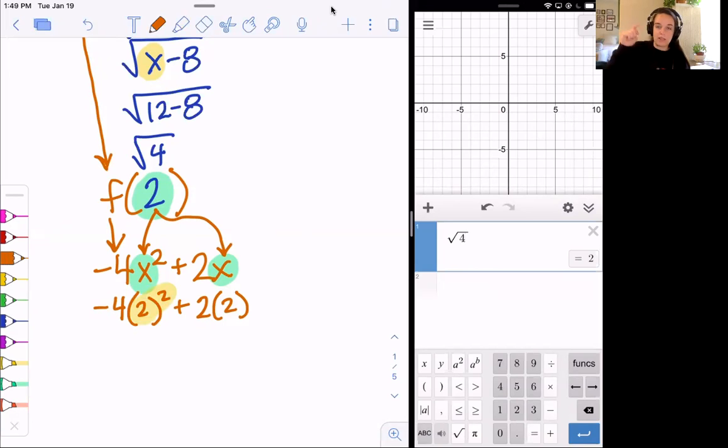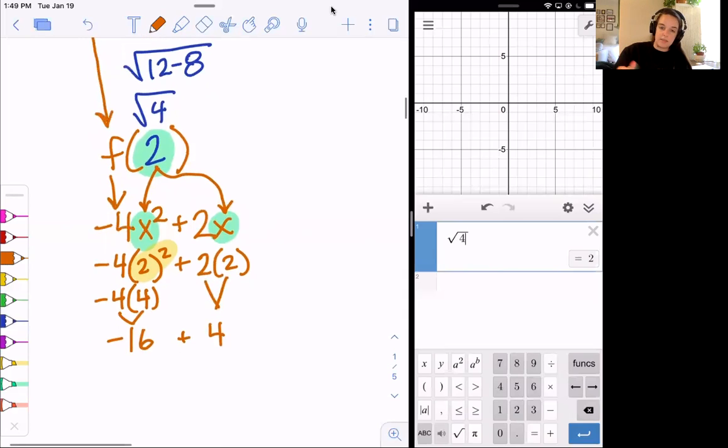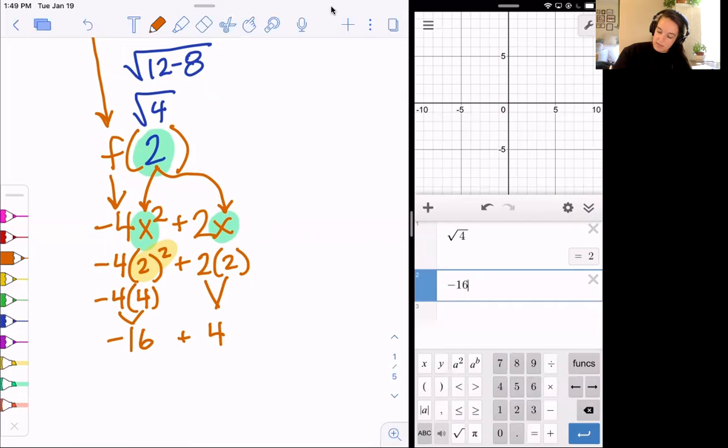So 2 squared is 2 times 2, that's 4. 4 times the negative 4 from above would be negative 16. Plus 2 times 2, which gives me 4. And then negative 16 plus 4, if negatives are hard, is negative 12.